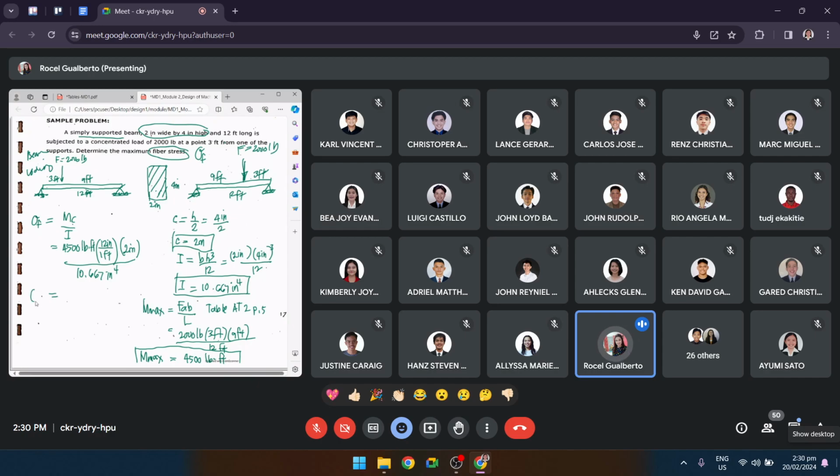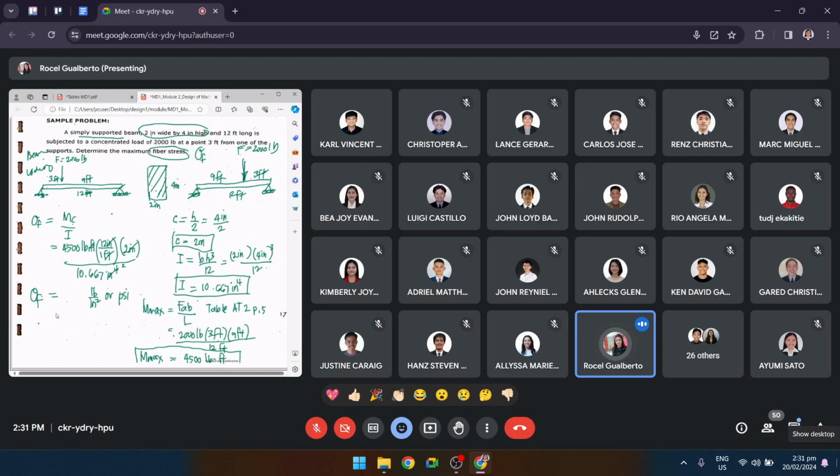So what is now your answer? What would be the resulting unit? You cancel out the feet, inches squared, and this is inches to the fourth, so there is remaining 2. Your answer would be pounds per square inch, or PSI. What is the value?